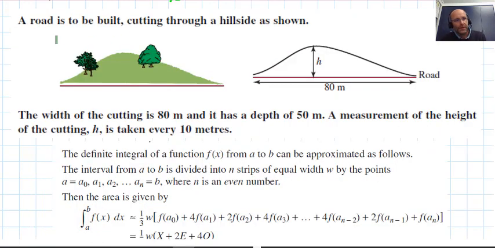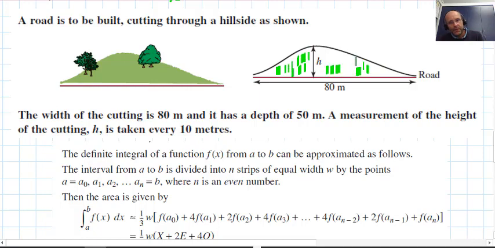An example might be this situation here, when you've got a road to be built cutting through a hillside, and we've got an area. So when we look at the cutting, the profile, and if we need to know the area of that profile, perhaps for the roadworks crew when they're trying to stabilize the bank, we can work that out if we have sufficient measurements.